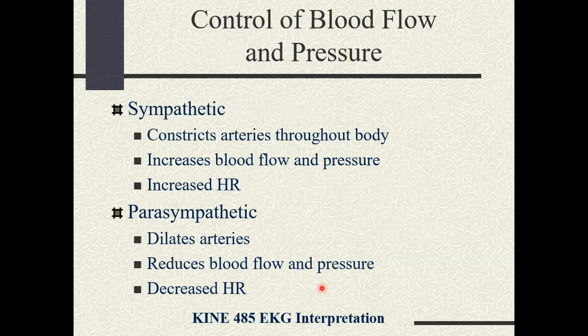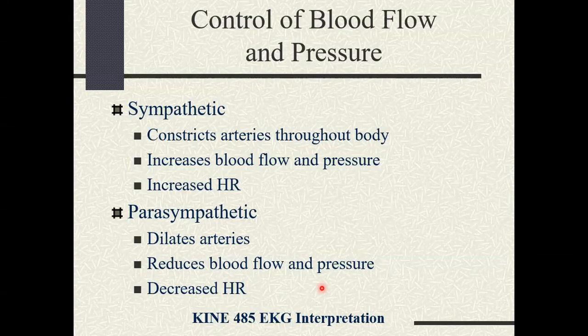So when we talk about the hemodynamic flow within the system, the sympathetic and parasympathetic nervous system plays a very large role here. Within the sympathetic nervous system, we have to understand that this sympathetic response is going to cause an increase in heart rate. What'll also happen is it's going to play a role in the constriction of the arteries within the body. Okay.